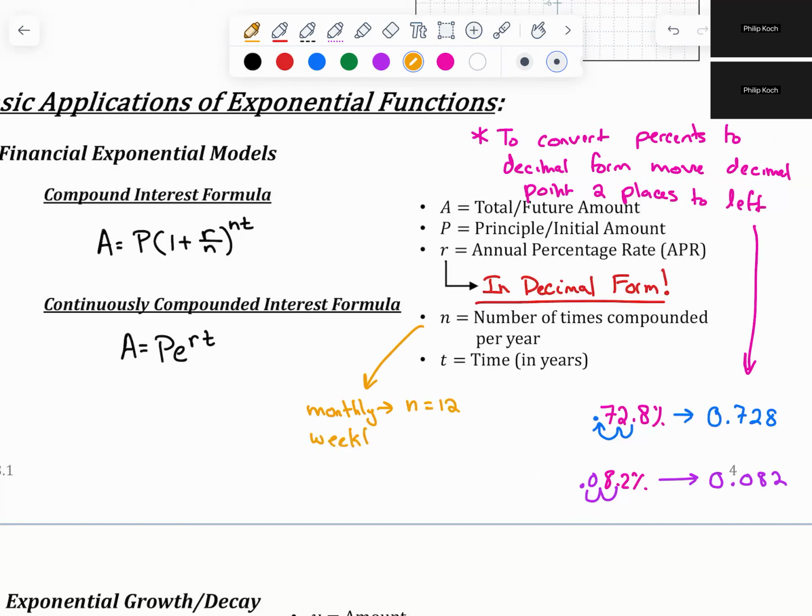Weekly, does anybody know how many weeks there are in a year? 52. N equals 52. Quarterly, N would equal 4. Annually, N would equal 1.